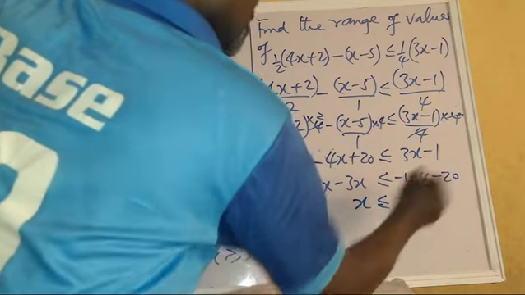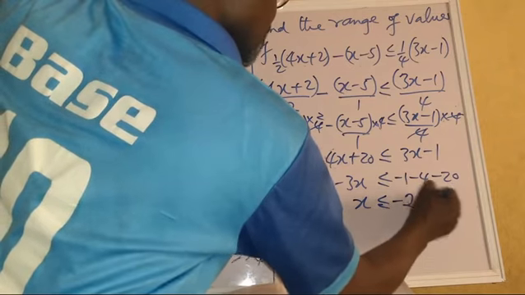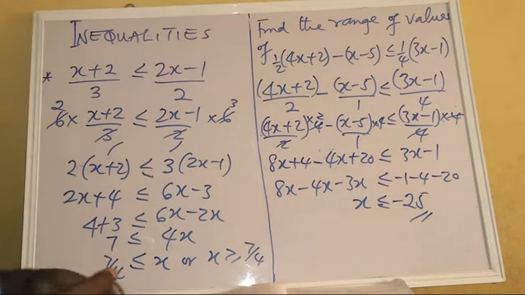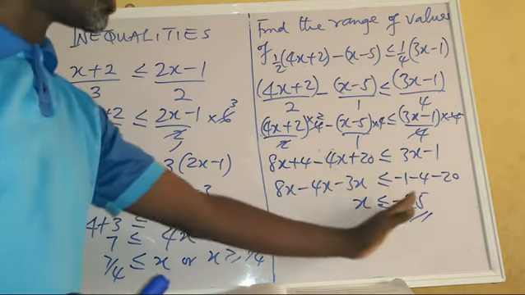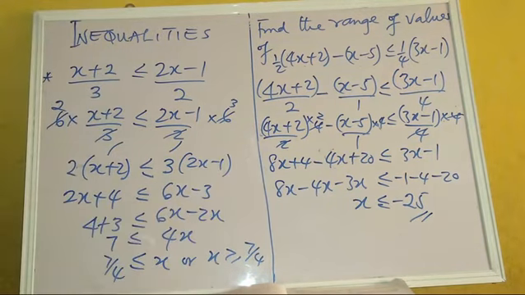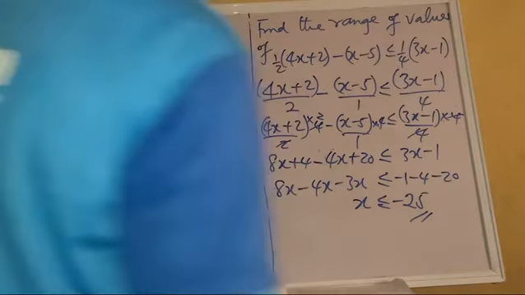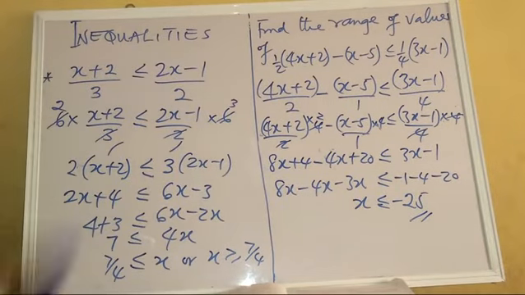So x less than or equal to negative 25. That's the range. Any value that is less than or equal to negative 25 is the range of values of x. So that's one of the complex examples that we can think of.